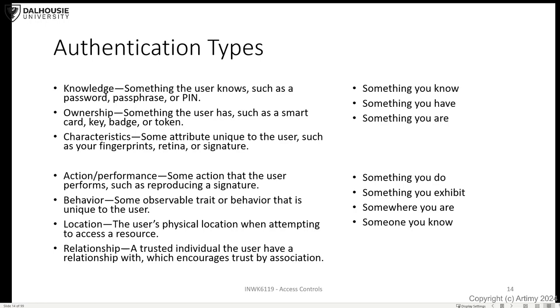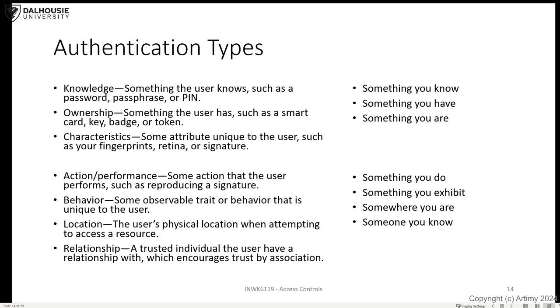But if you add the location, then the system will not allow the user to open the lock unless they are actually physically at the same location as the lock itself. So it guarantees that the user is present in front of the door. So that's a location authentication type. And you can mix these, by the way. I'm going to talk about this in the next slide.